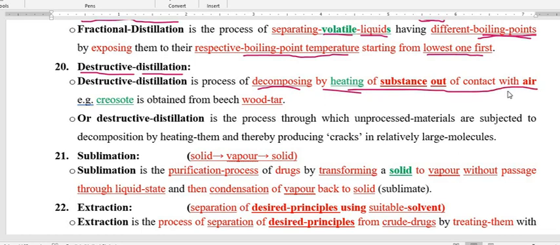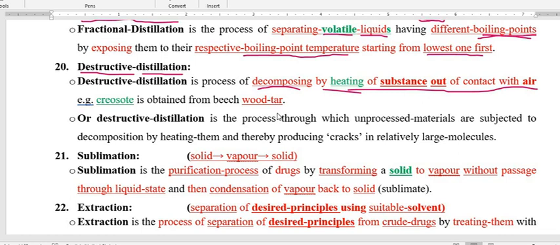Air is usually not present, and even if required, we give a very meager amount of air. An example is the isolation of grease oil from wood tar. So this is about destructive distillation.